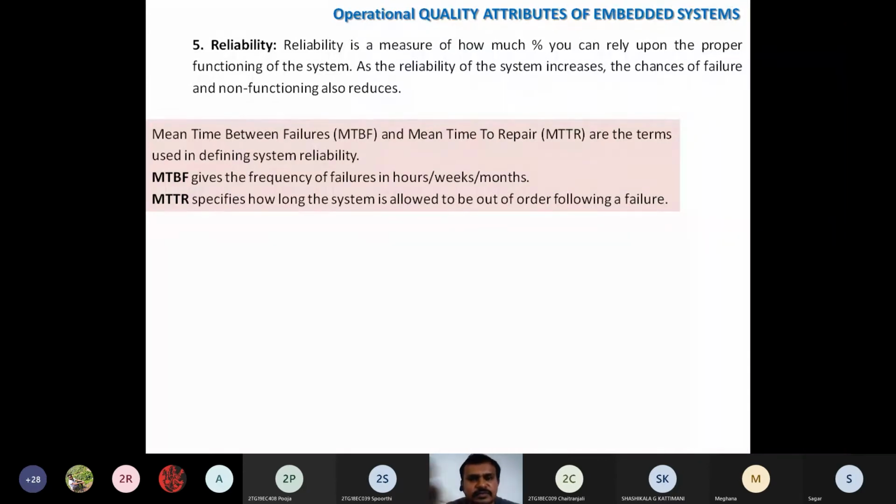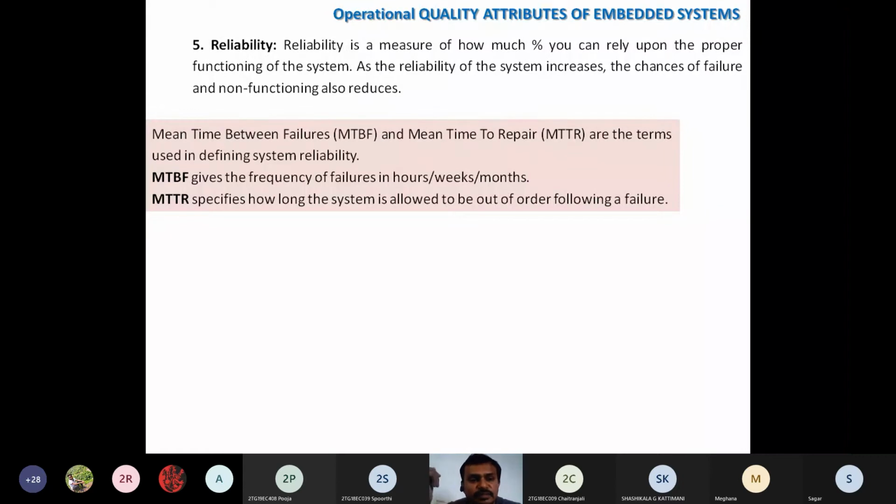It may be in hours, weeks, or months. This failure happens per hour, per minute, per week, or per month. In a month, how many times has it failed? In a week, how many times? Or in an hour, how many times? We measure this by the term called mean time between failure.